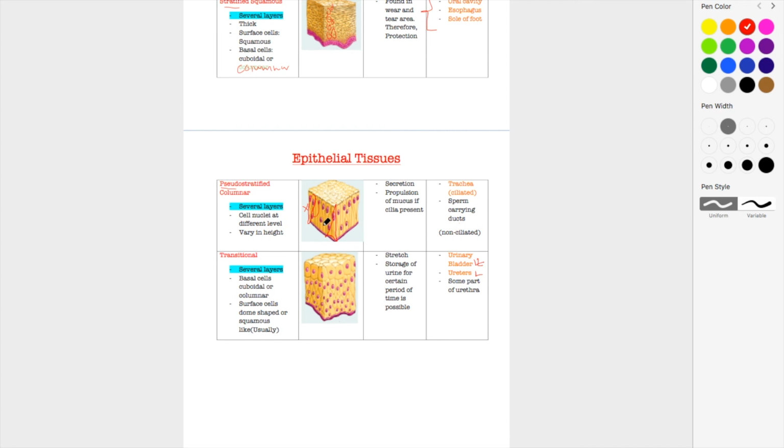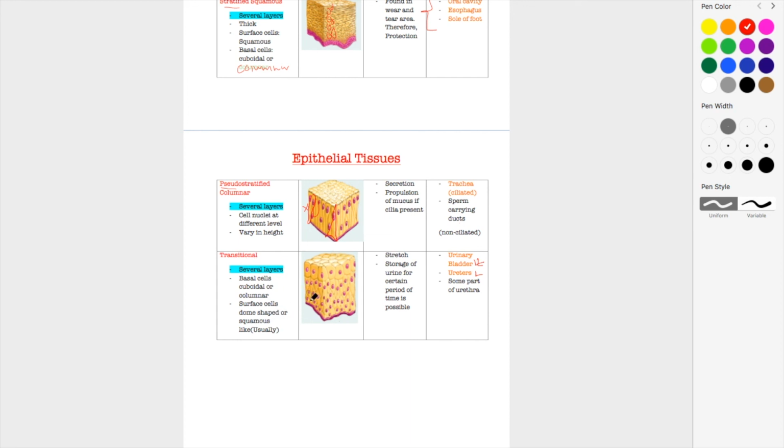They look like columns. They are mainly present in the trachea. They may be ciliated or non-ciliated, and depending upon that, their function may vary. The transitional epithelium has several layers.